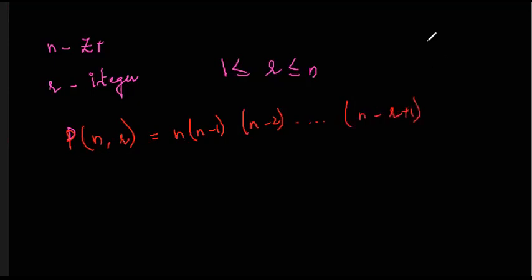So the same formula nPr can be written as n factorial divided by (n minus R) factorial, or it can be written in this way. Both the things are the same. And R permutations of a set of distinct elements are written in this way. Now, let's take an example.